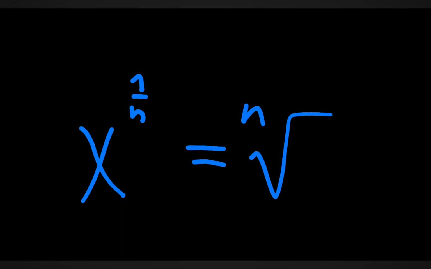It may look like a misunderstanding, but now let's do it. 1 over... that one should be x. x to the power of 1 over n is equal to the nth root of x.